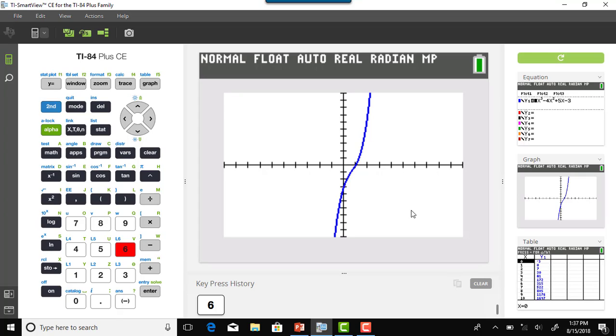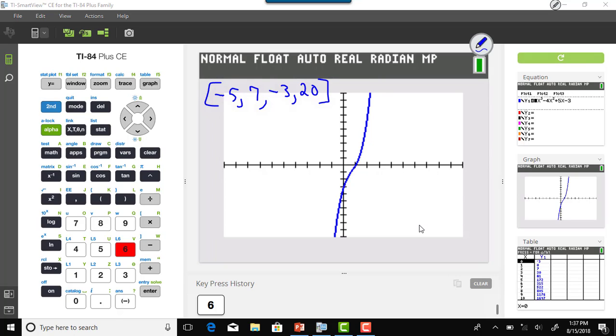Or when you're looking at a problem in your homework or on a quiz or something, you may be given a window to use. So if you ever see some numbers on your screen or on your problem that say something like graph using the window, and then you see like -5, +7, -3, +20, for example, I'm making up numbers.